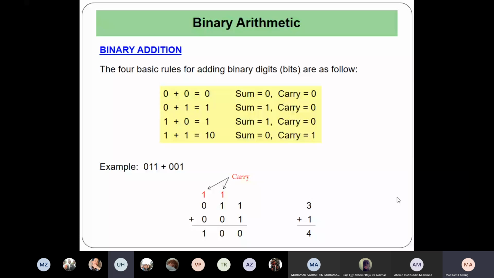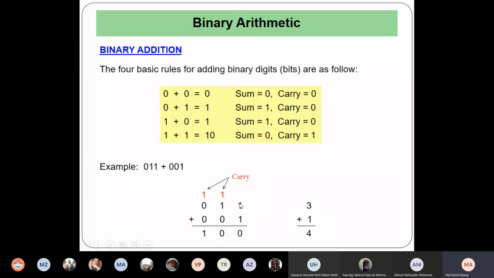If you look at the example, you have 0, 1, 1 added to 0, 0, 1. You set up the calculation: first you write 0, 1, 1, and the second number is 0, 0, 1.